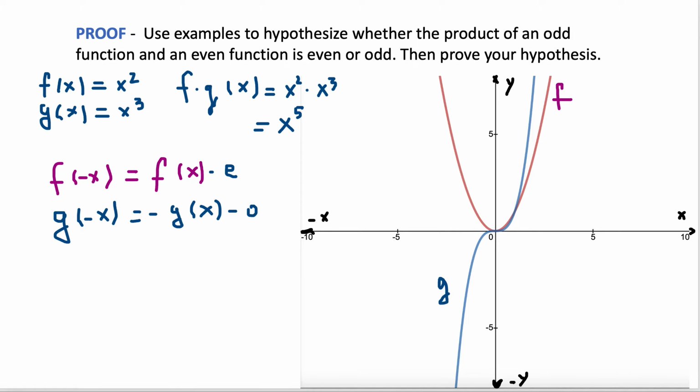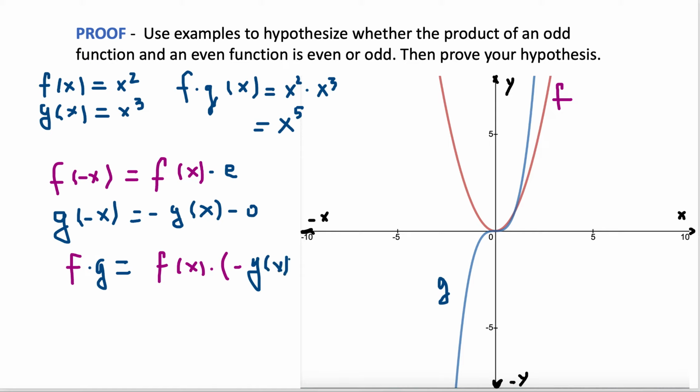And in this case we have f times g, so let me take a different color. f times g is going to be what? We have f of x. f of x is positive, f of x times minus g of x.